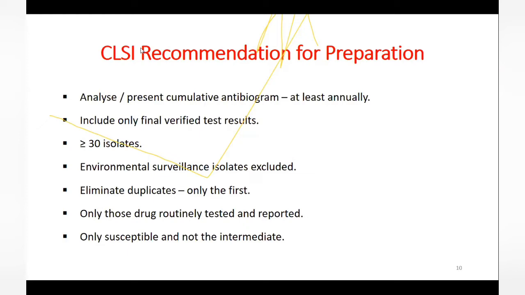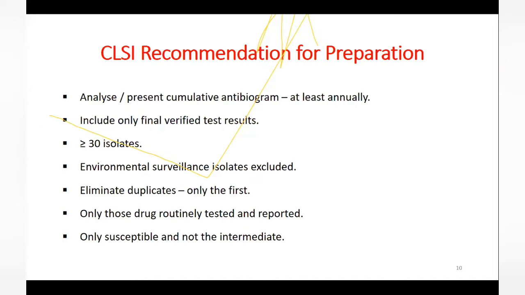Then eliminate the duplicates. When a patient is infected, say with a bloodstream infection, he can grow Klebsiella a number of times during his stay in the hospital. So only the first isolate, the sensitivity of the first isolate, should be taken into consideration while preparing the antibiogram. Then only those drugs which are routinely tested and reported.